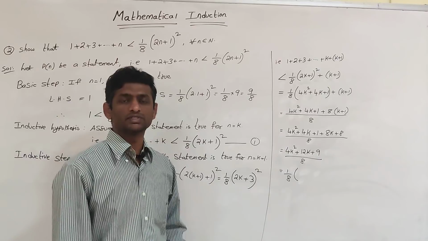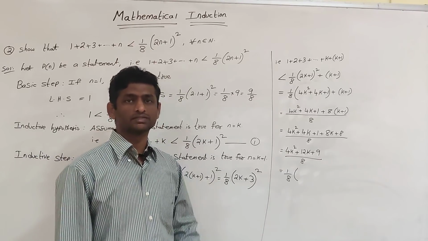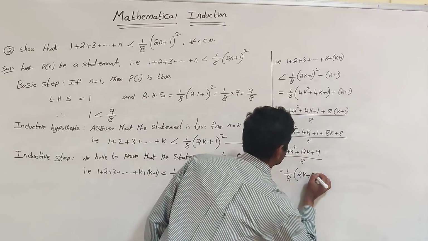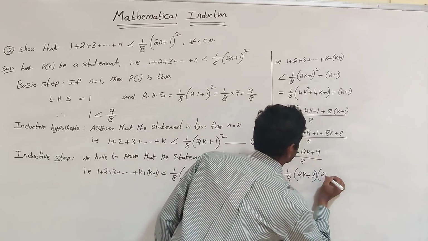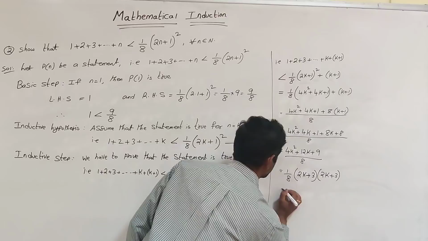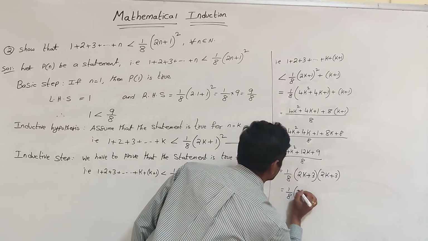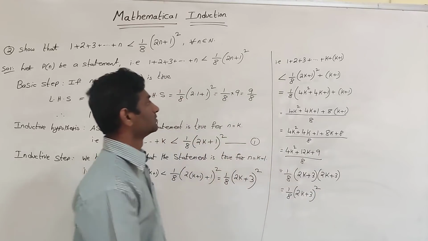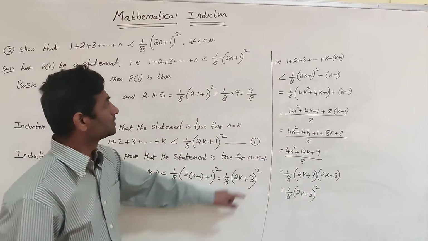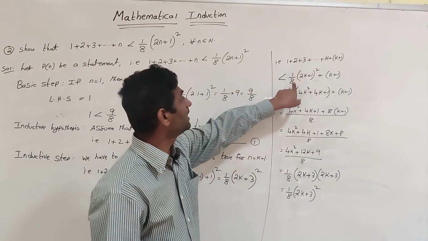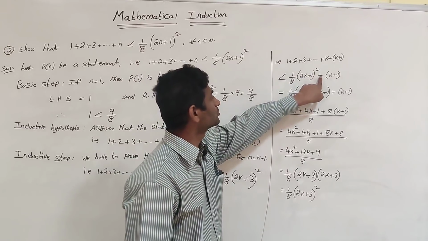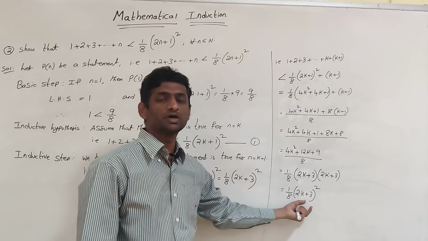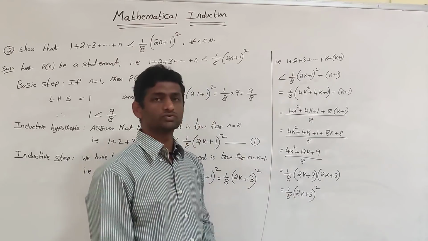It is a quadratic expression which we can factorize as (2k plus 3) into (2k plus 3). That is 1 by 8 times of (2k plus 3) whole square. Means the value of 1 by 8 times of (2k plus 1) whole square plus k plus 1 is the same as 1 by 8 times of (2k plus 3) whole square.